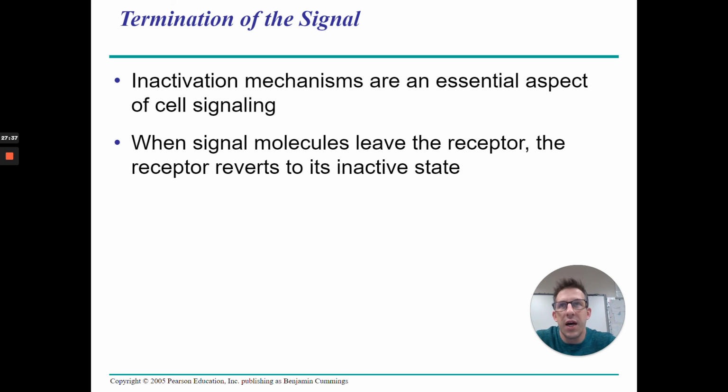Now there's many different ways that those signal molecules can actually be removed. Some of them can be replaced by other things. Sometimes the receptor molecules can literally kick them out. Other times there's interactions with different parts of the receptor molecule by different molecules, which will help kick out those ligand molecules. And sometimes there's other chemicals and chemical reactions that will degrade or break down that signal molecule to remove it from that receptor as well.